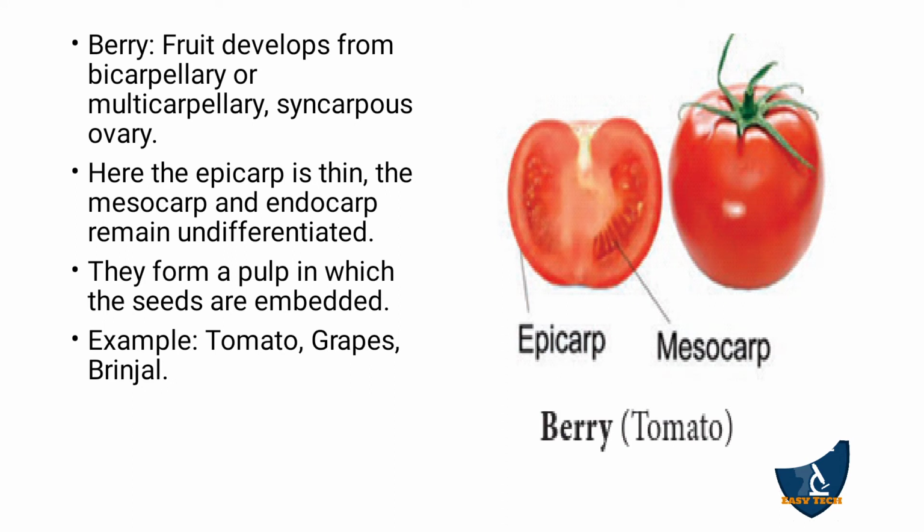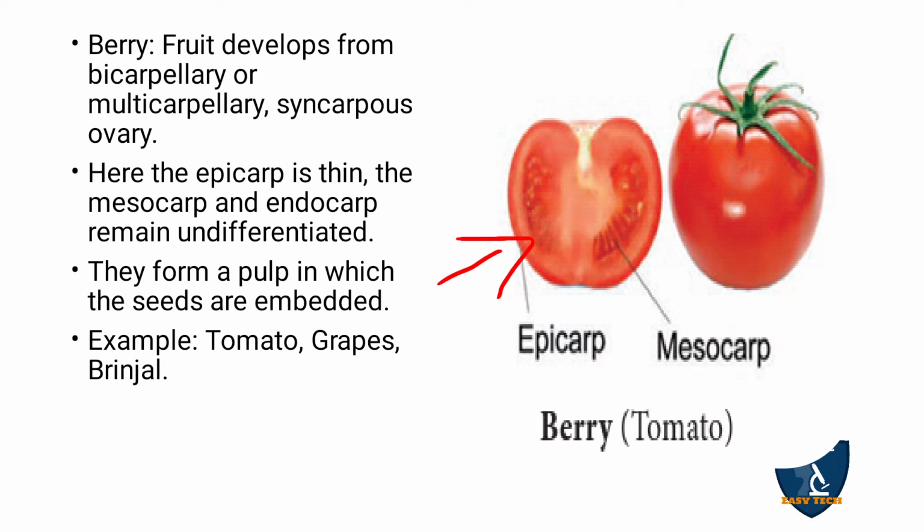For berry, the best examples are tomato, grapes and brinjal. It is developed from a bicarpellary or multicarpellary syncarpous ovary. You can touch the tomato at home.